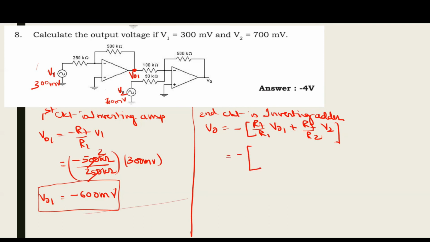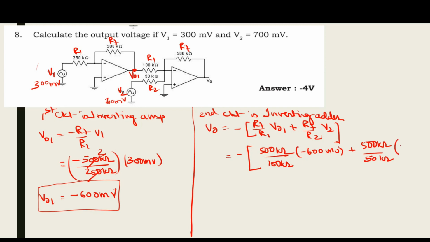This one you can simply substitute and give me the answer. So RF is 500, R1. If you want, you can make a note of this. This is R1, this is R2, this will be RF. And for this circuit, this is RF, this is R1. Okay, VO1 is minus 600 millivolt plus RF is 500 kilo ohm, R2 is 50 kilo ohm into V2 is 700 millivolt.